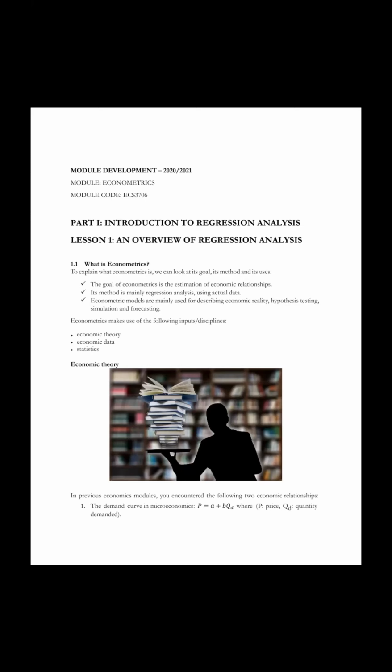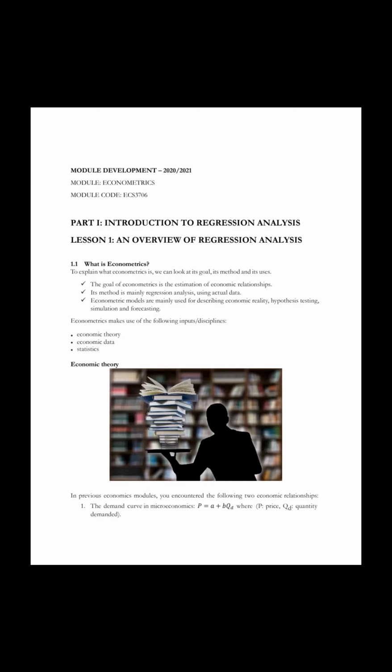All right, so to explain what econometrics is, we look at its goal, its method and its uses, right? So the goal of econometrics is the estimation of economic relationships. We also spoke about this last week, where we said we are going to be measuring relationships between economic variables, right?